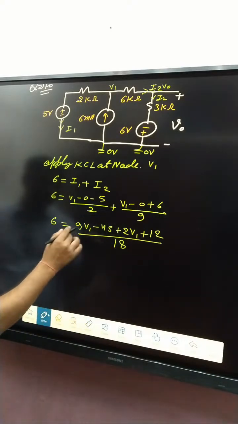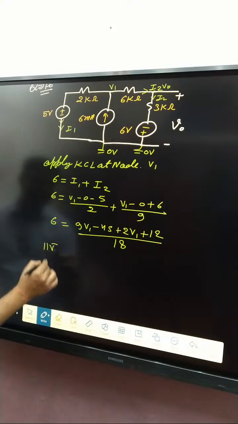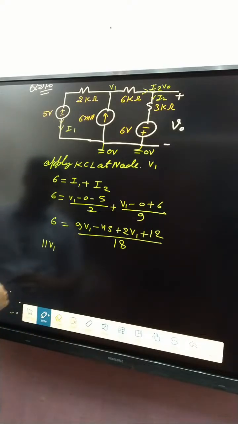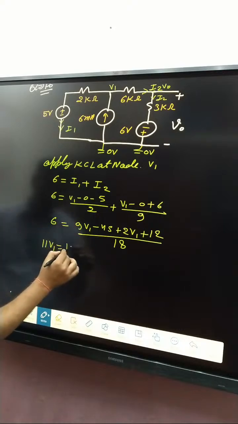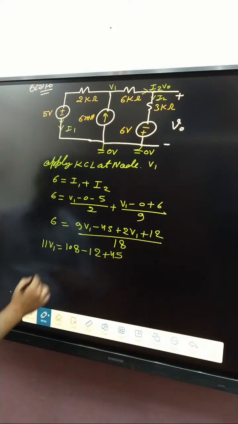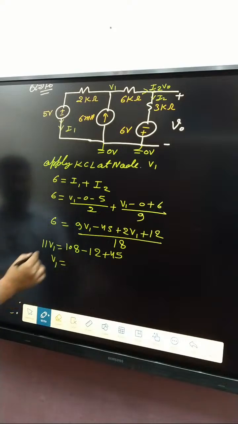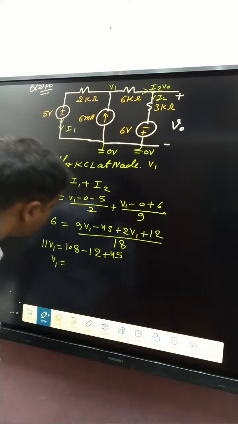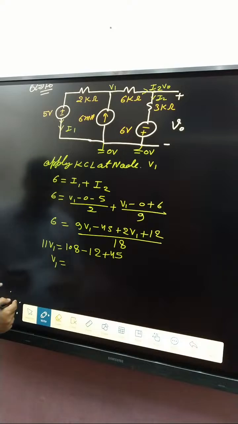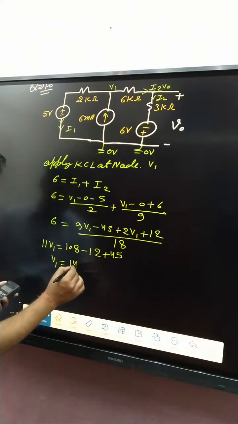So 9 plus 2 gives 11V1, which equals 108 minus 12 plus 45. 108 minus 12 is 96, and 96 plus 45 is 141. So V1 is 141 divided by 11.